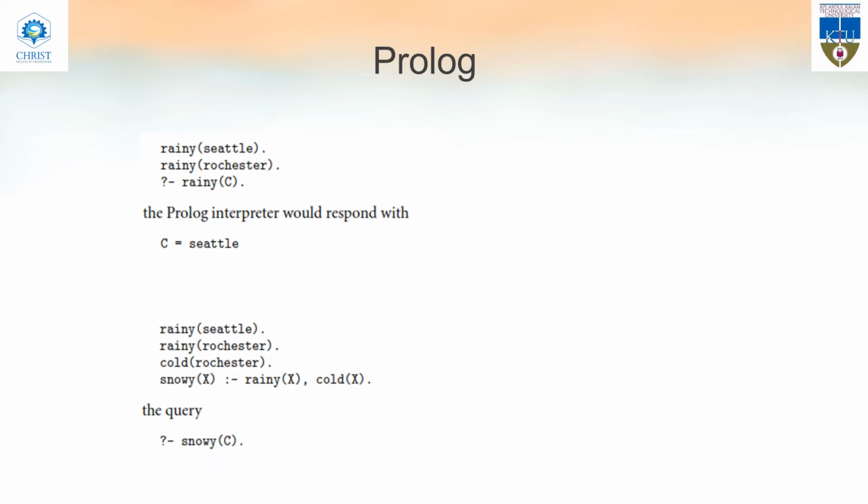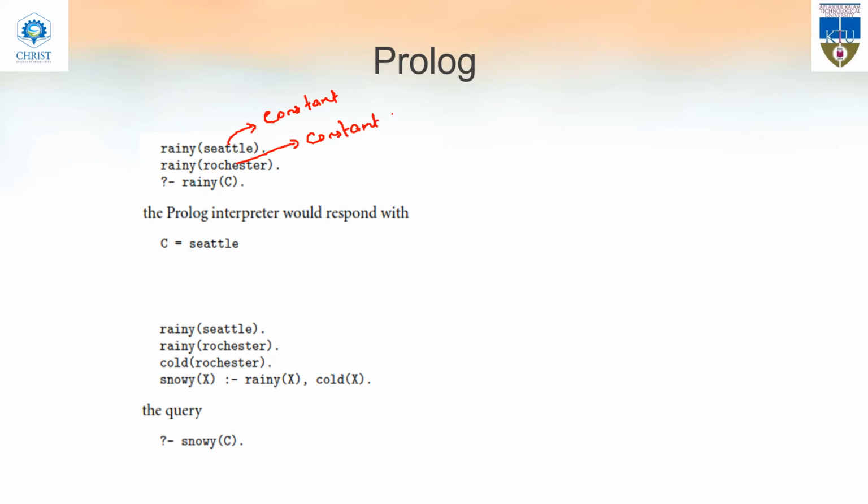First I will start with constants. Here you know that seattle is a set of characters starting with a small letter, so this is a constant, and rochester is also a constant.